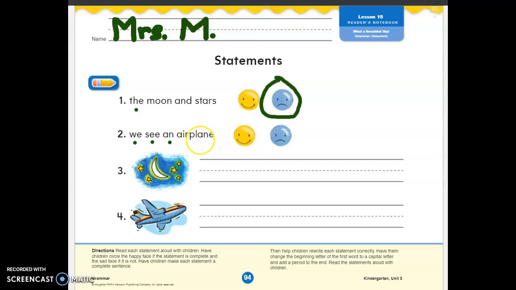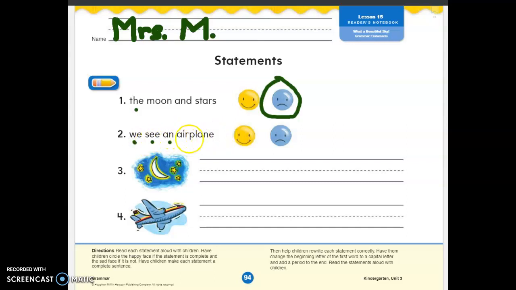There's a sneaky bossy E, so this vowel must say its name. Air, pull, A, N, airplane, airplane. Let's read the whole sentence now. We see an airplane. Now, look at that sentence. What is missing? All right, it needs a capital letter.